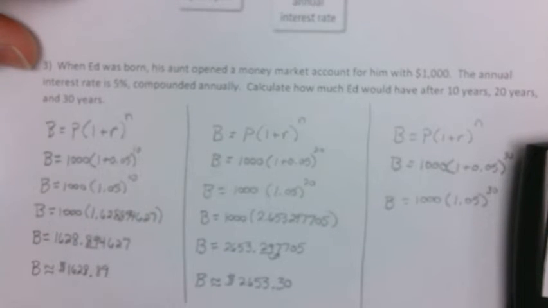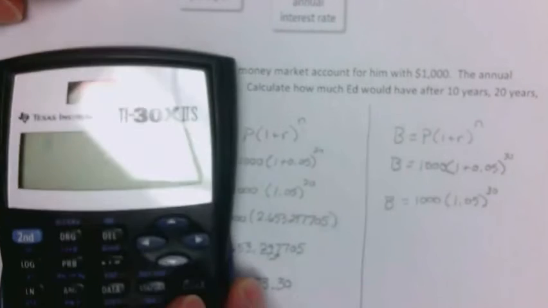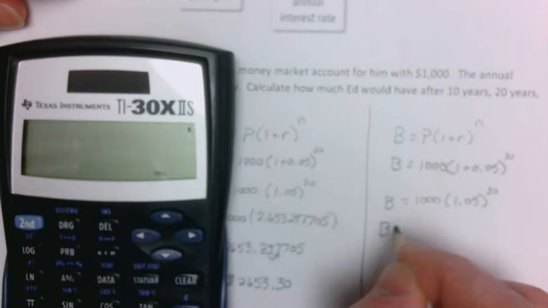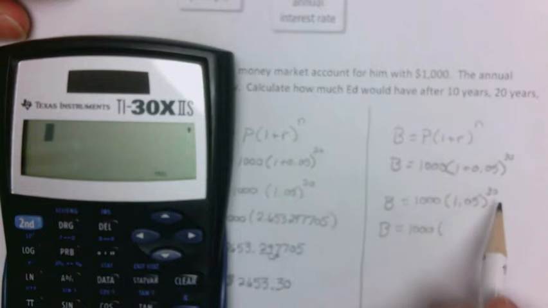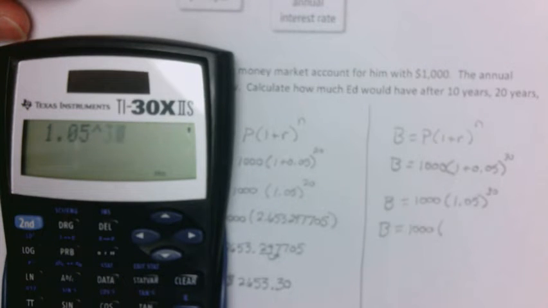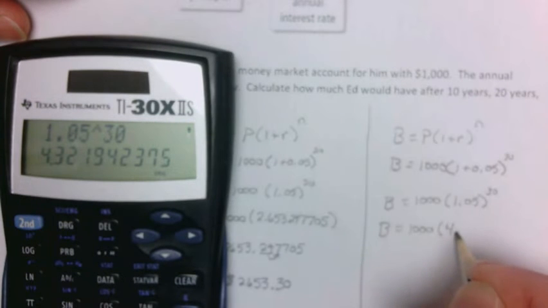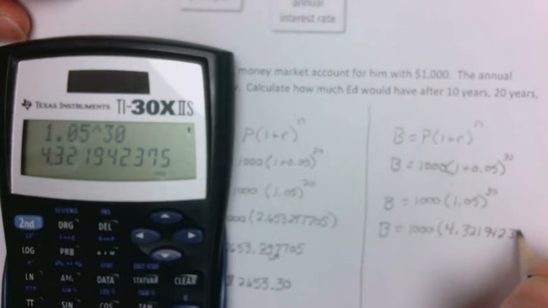All right. Finally, after 30 years, B equals 1,000 times 1 and 5/100ths to the 30th power. 1 and 5/100ths raised to the 30th power equals 4 and 321,942,375.